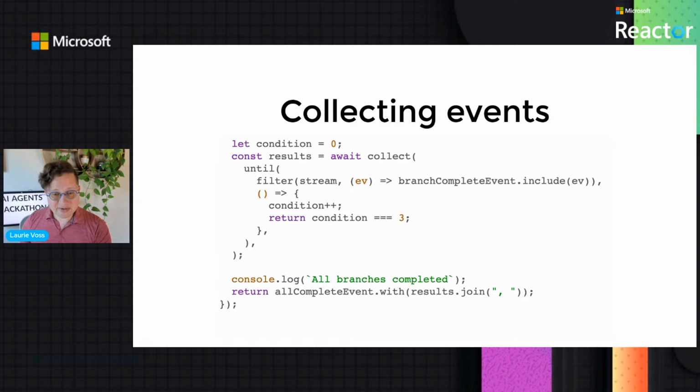What these do is they sit on the event stream and they look for branch complete events specifically until the condition is met. In this case, the condition we've decided to wait for is that we've seen 3 events. Once that's done, we can emit an all complete event. And that step can do whatever it wants with the output. Processing the output looks just like it did before, so I'm not going to repeat that code.